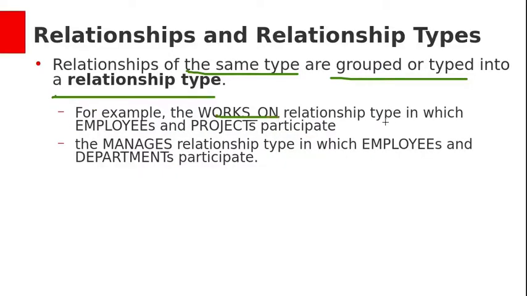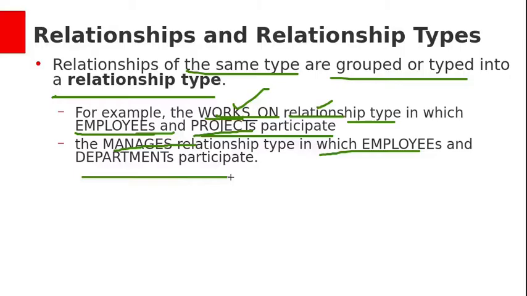So, works on is a relationship type in which employee and project participate. When you see the relationship, a specific employee is working on a specific project. But in general, we can say that employees will be working on some project. This works on is the relationship type. Like that, manages is a relationship type in which employee and department participate.